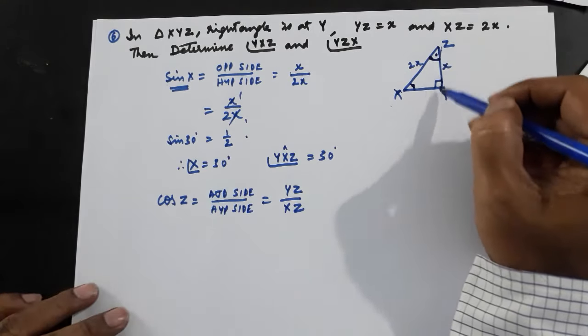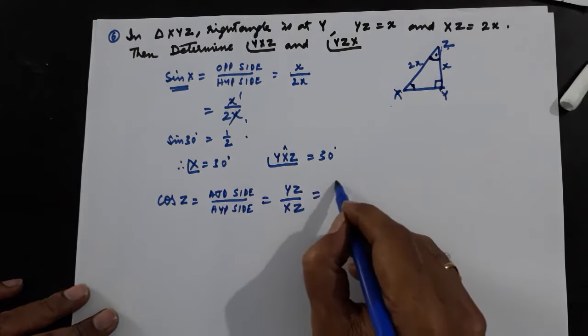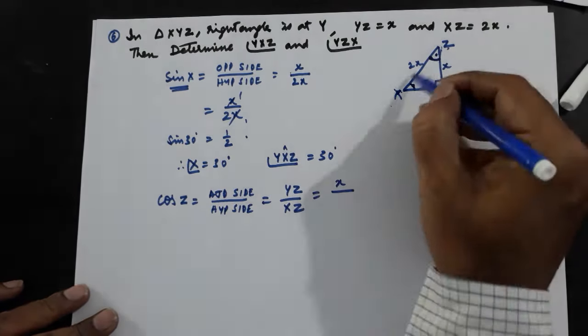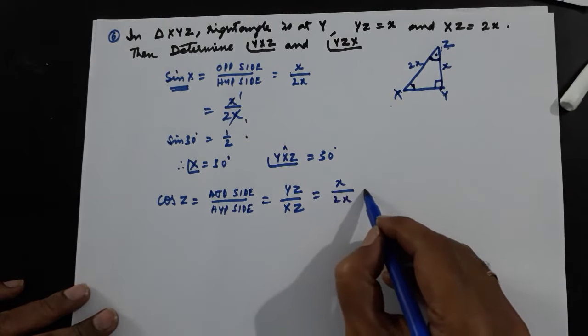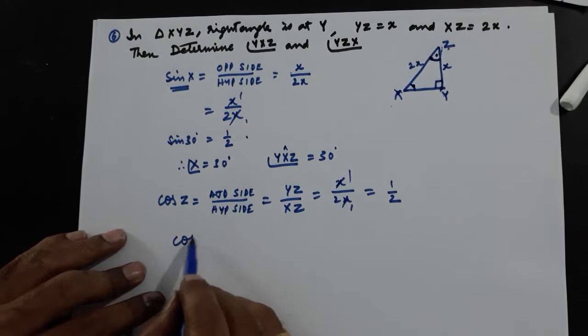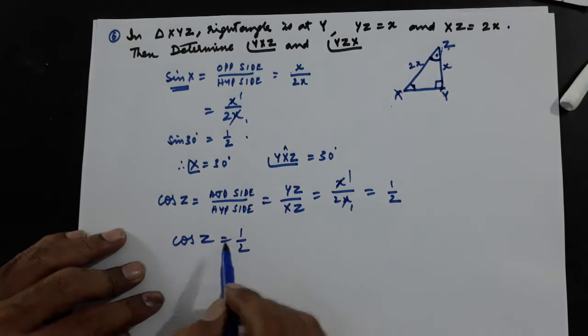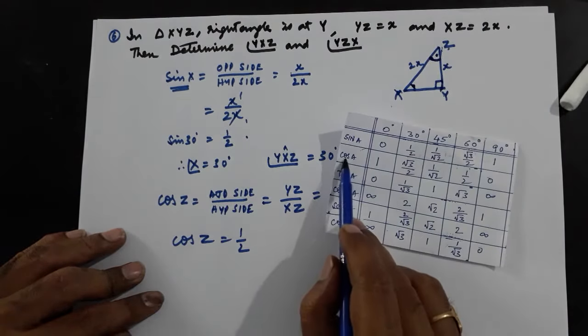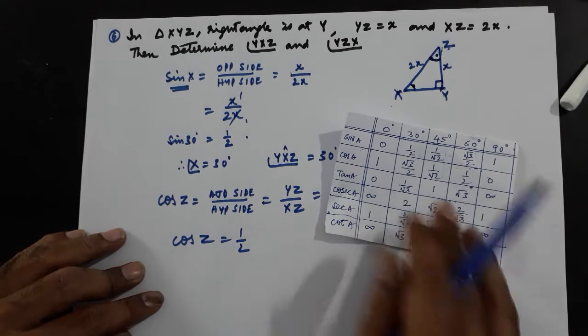So what is the YZ value? x centimeters. The XZ value is 2x centimeters. Again, x cancels, so we have 1 by 2. So cos z equals 1 by 2. If you see the cos values, cos 60 is 1 by 2.